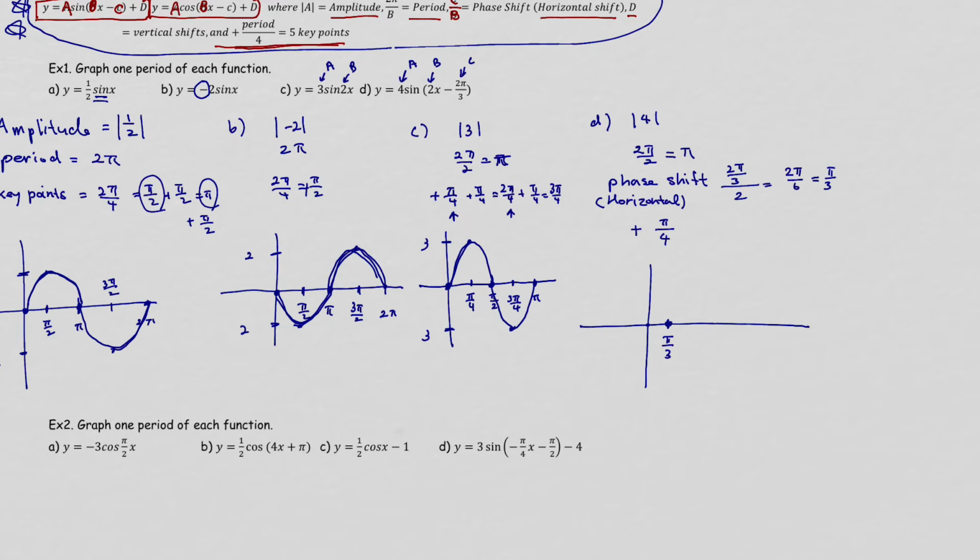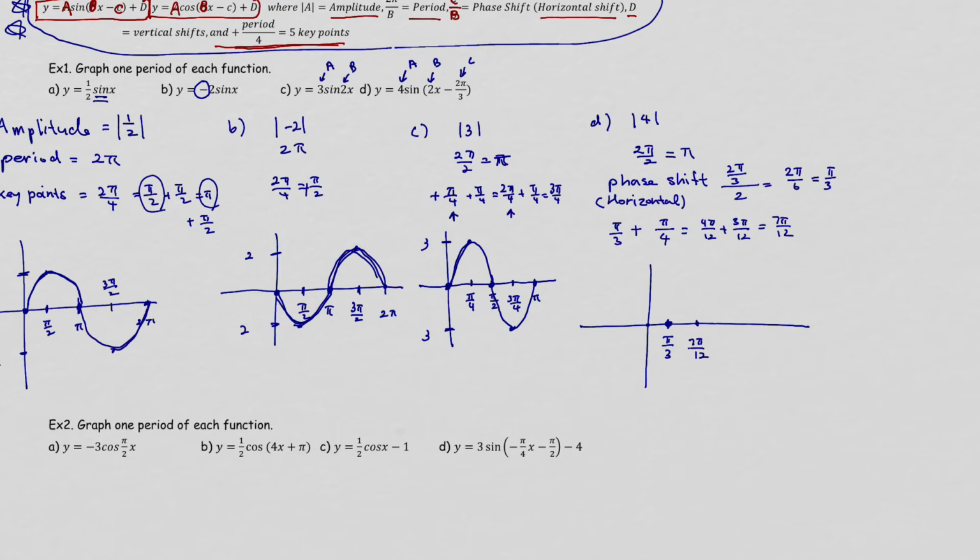From pi over 3, you're going pi over 4, right? We have to have the same denominator, so it will be 12. So 4 pi over 12 plus 3 pi over 12, you get 7 pi over 12. So the next point should be 7 pi over 12.